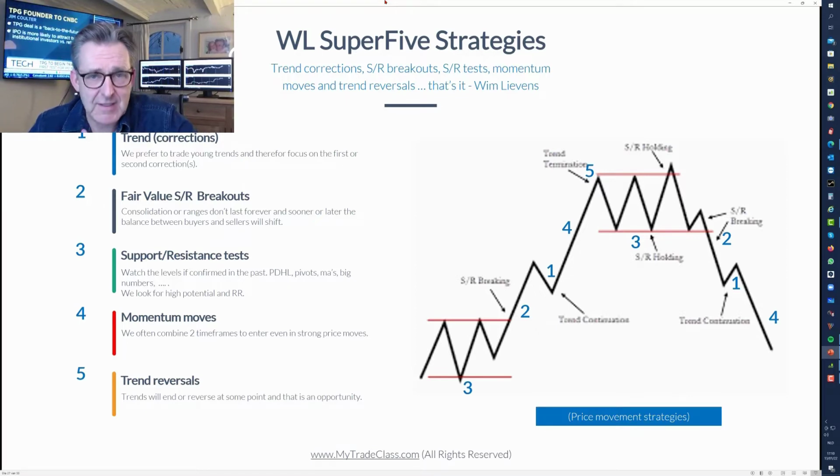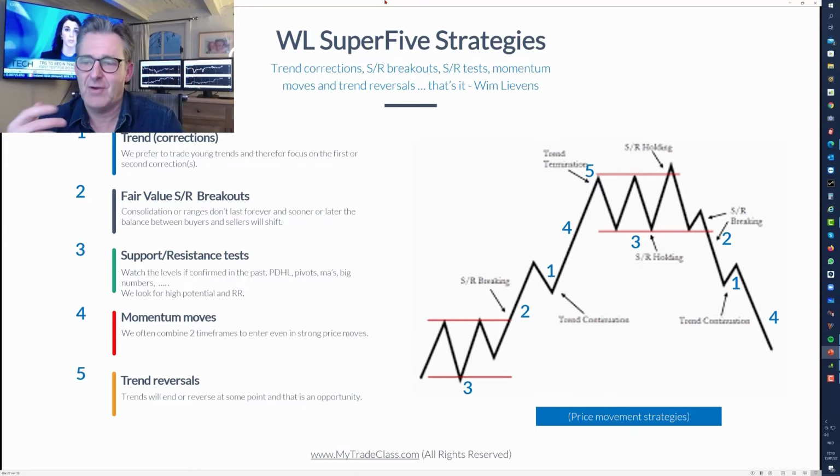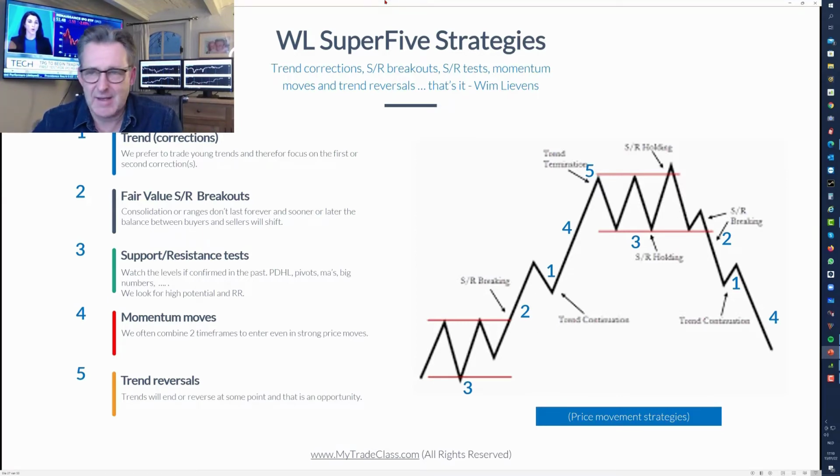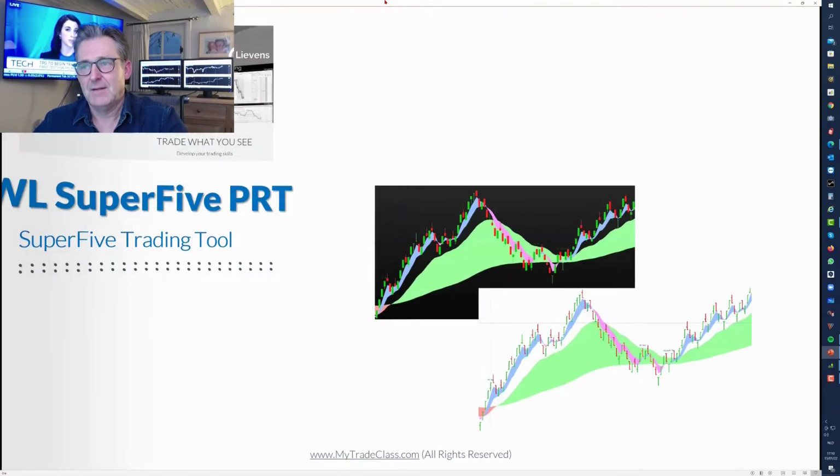There are thousands of strategies out there, but at the end of the day, you can pick almost any of these strategies and put them in one of these categories. Trading will never be simple, but let's at least keep some focus here and put this in perspective. Okay, so these are the 5.